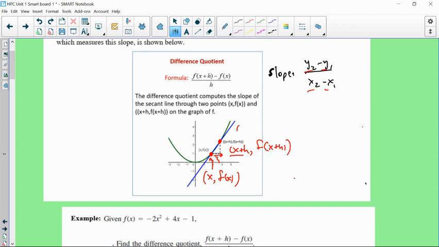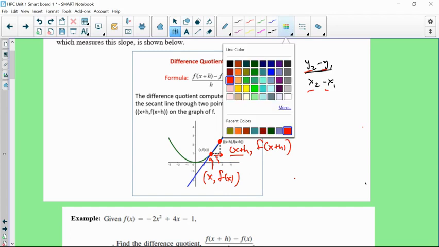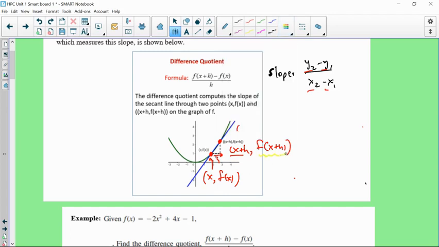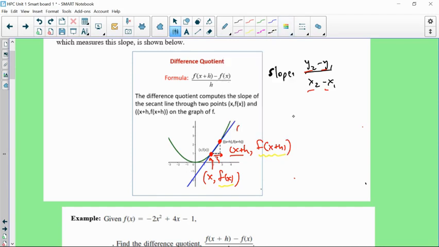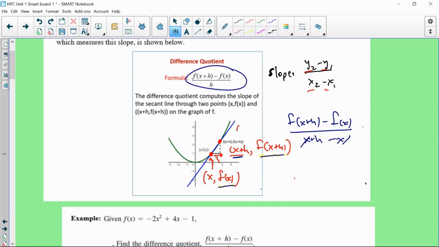So what if you do slope here? y2 minus y1 over x2 minus x1. If I do f of x plus h, that's your y2 minus y1, over x plus h minus x1, which was just x. The x's would cancel, and you get what's called the difference quotient.